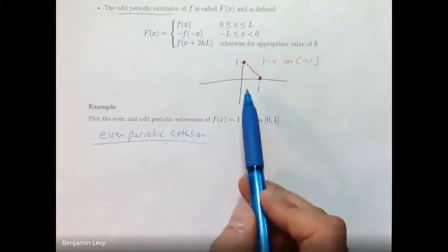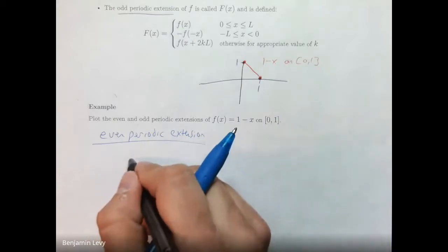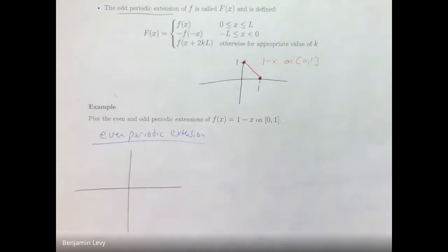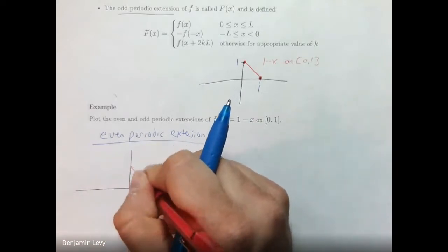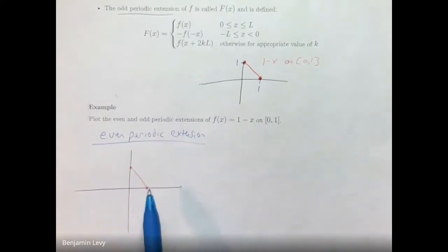We would reflect this around the y-axis. So let's draw the graph we had, which was this. And then we reflect this around the y-axis.